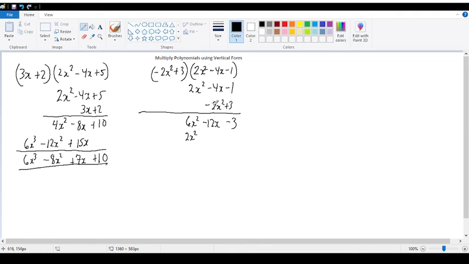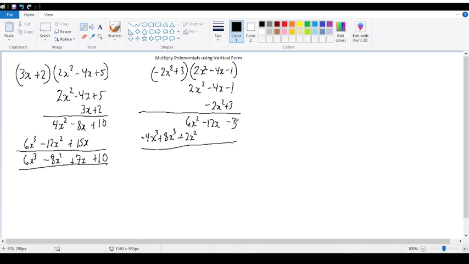Now negative 2x squared times negative 4x will give me 8x cubed. Negative 2x squared times positive 2x squared is going to give me negative 4x to the fourth. So we keep that one there. Now notice that they are all arranged.